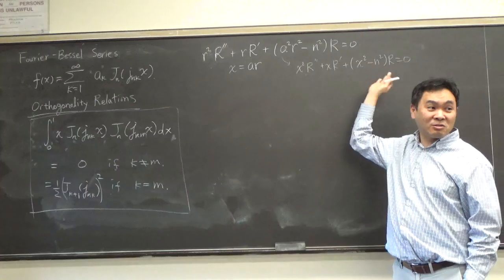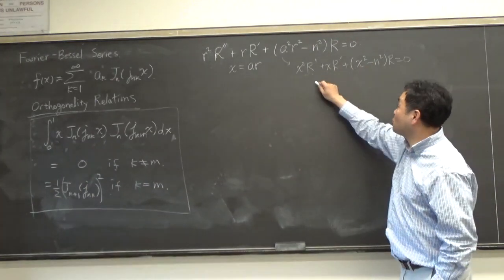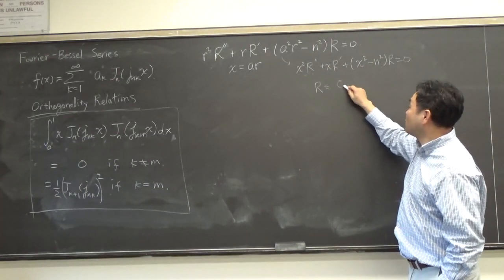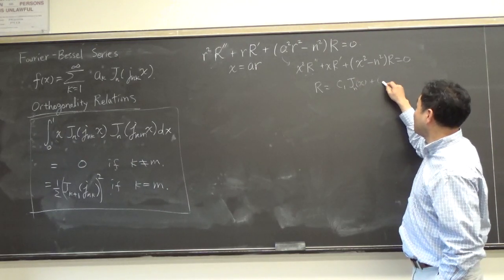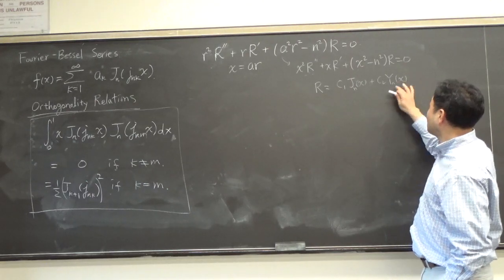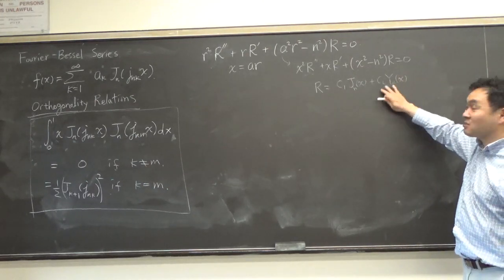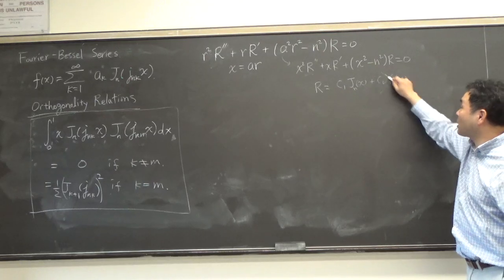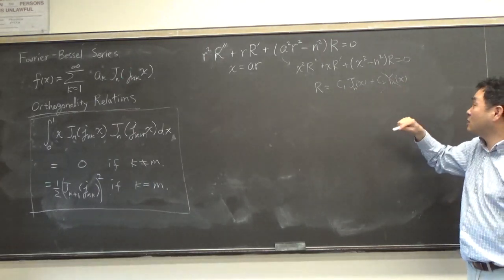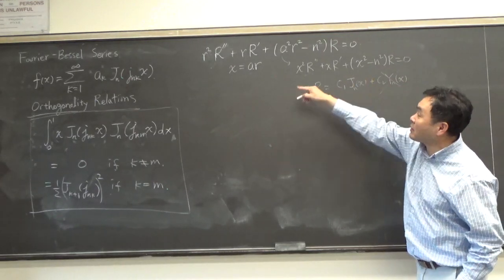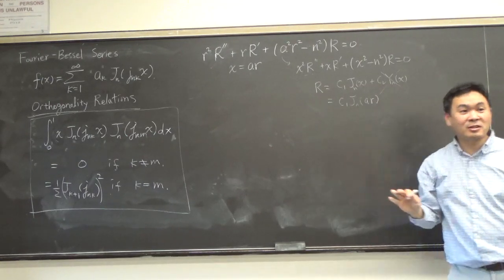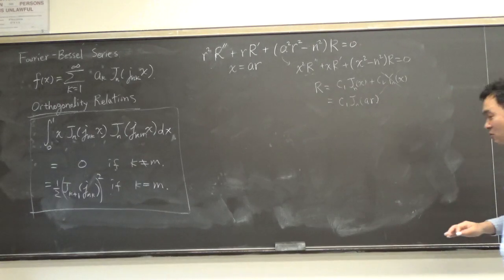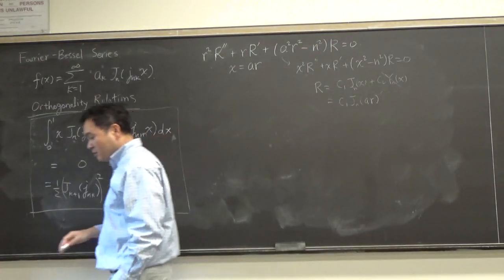And we know that this is what's called Bessel's equation, whose solution is C1 J_n(x) plus C2 Y_n(x). This is a Bessel function of the second kind, but this is non-physical, so we ignore that one and just take J_n as the solution, right? And then you go back to the original one, and the solution is J_n(ar). So that's what we had before, okay? So I'm going to be using this again.